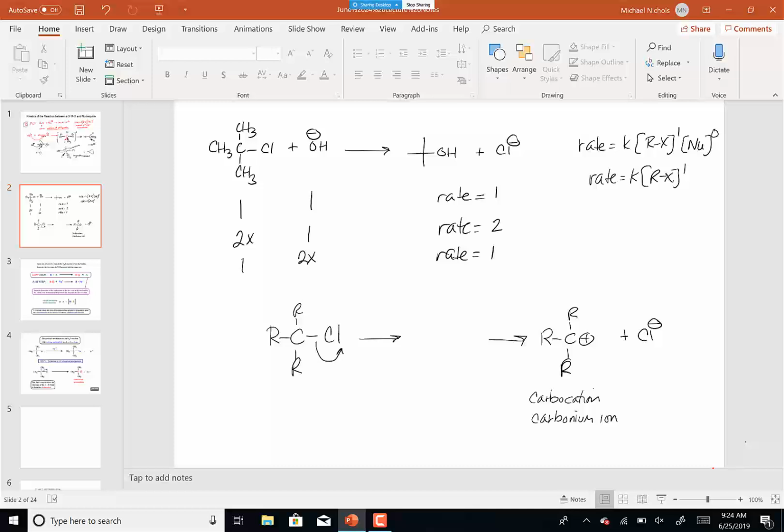And so that's what we would get if the carbon-chlorine bond breaks heterolytically. Can it break so that each atom gets an electron? Yes, but that's next. That's organic 2 in this book.